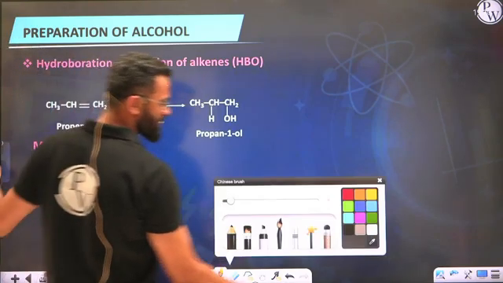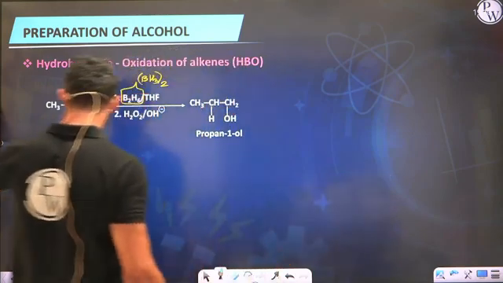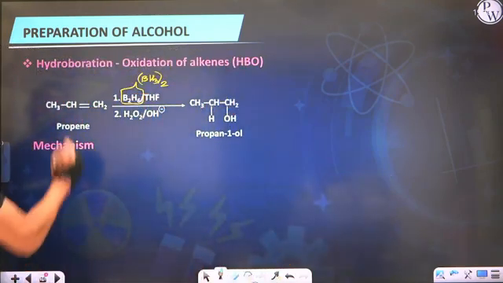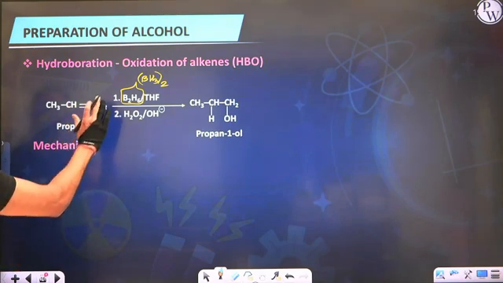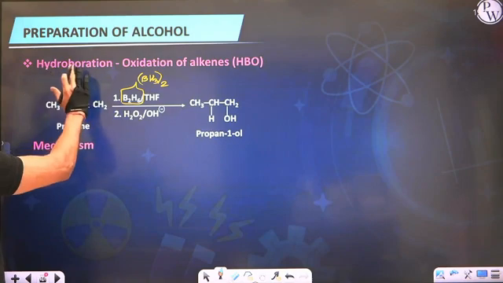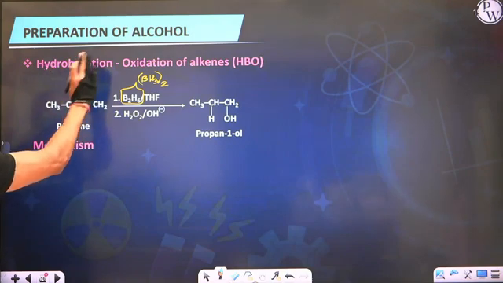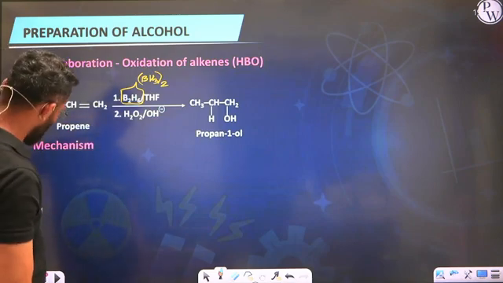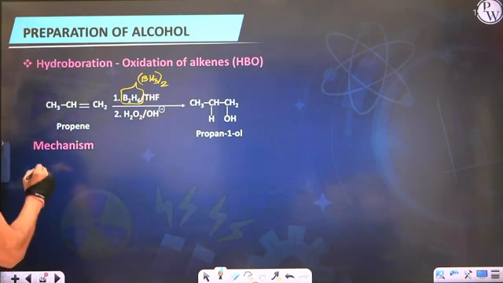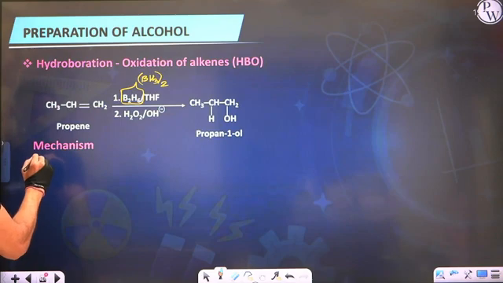So when we are talking about the mechanism, okay, everyone, let's say we have an alkene, propene. To begin, of course, the first step is hydroboration. You're going to add hydrogen and boron, and then you're going to carry out oxidation of whatever intermediate you get. Okay. So we are talking about step 1.